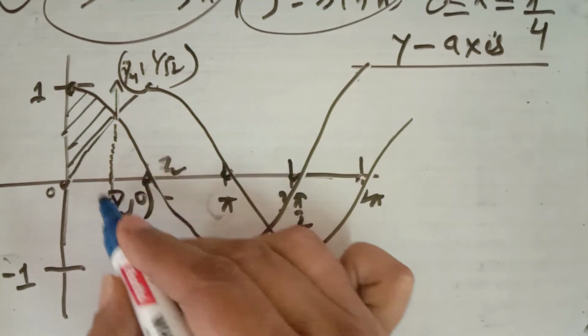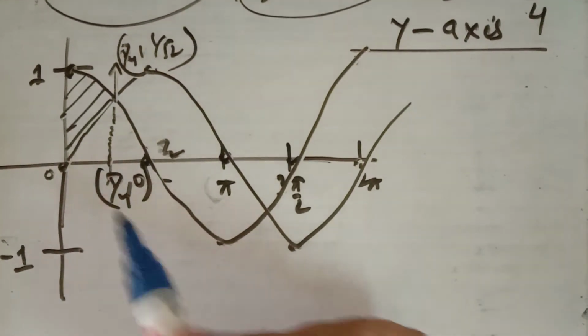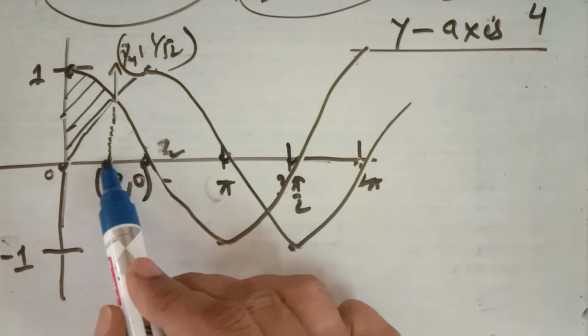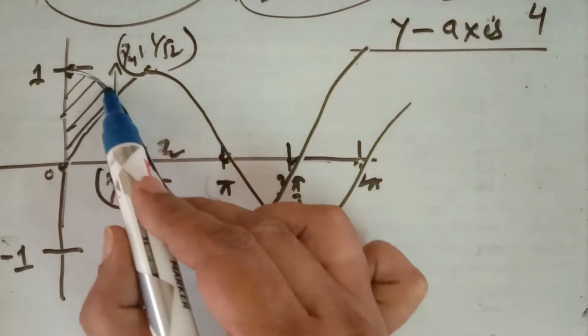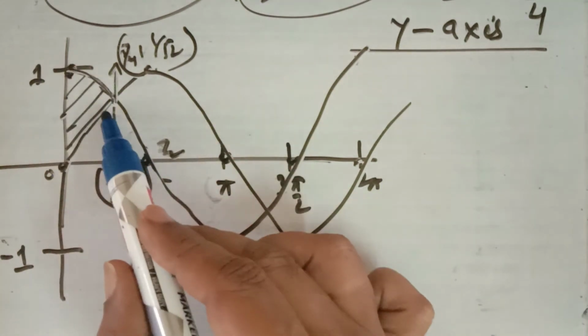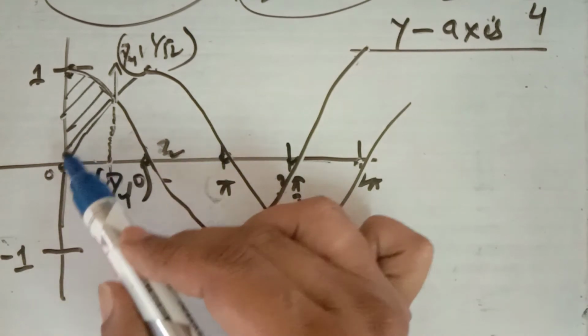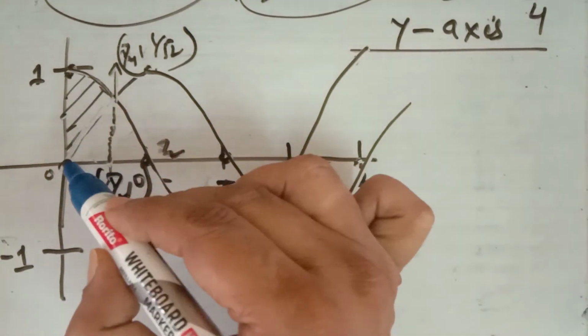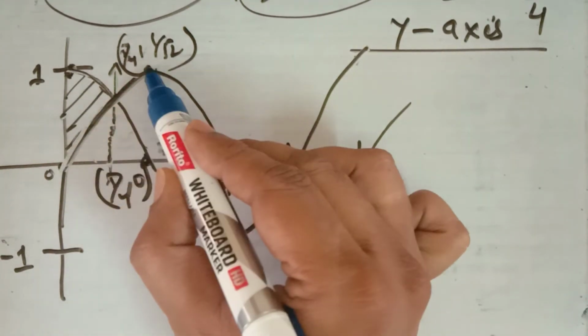Now if you draw a perpendicular on the x-axis, this point will be pi by 4 to 0, and if you see it very carefully, if you integrate the curve cos x from 0 to pi by 4, you will get this total area, and this area which is coming out extra is touching the curve of the sine.